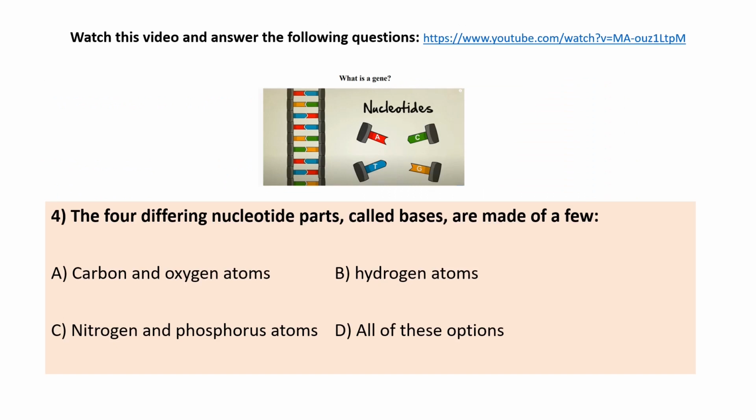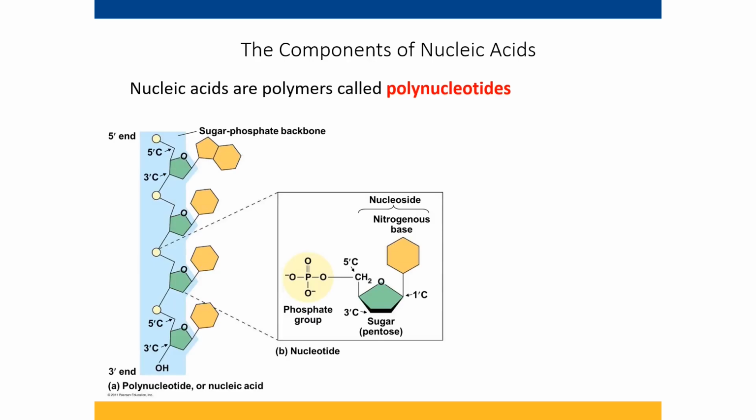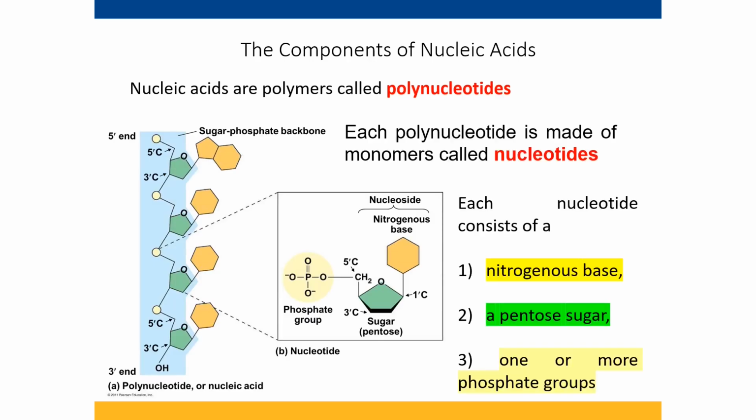The four different nucleotide parts called bases are made of carbon and oxygen, hydrogen atoms, nitrogen, and phosphorus atoms, or all of these options. If you see here, the nucleic acids are polymers called polynucleotides. Poly means many, so many nucleotides.